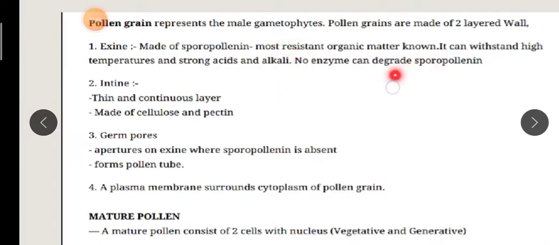Resistant means it is very strong, very strong to the outer environment, to the extremities of the environment. It can withstand high temperatures, strong acids and even alkali. No enzyme can degrade this sporopollenin.